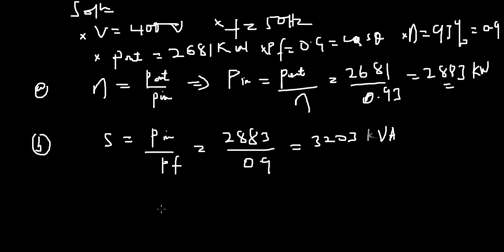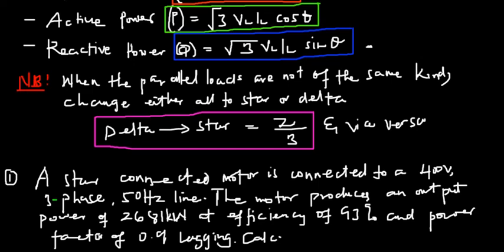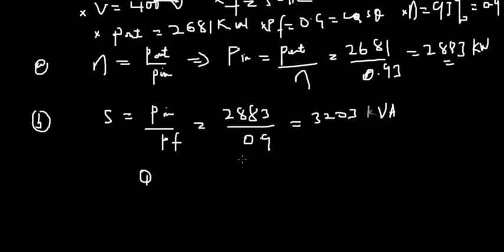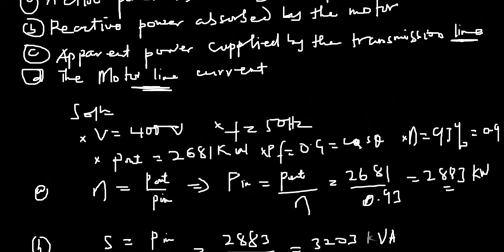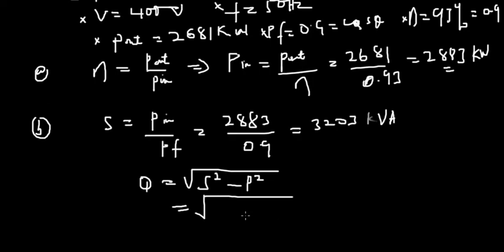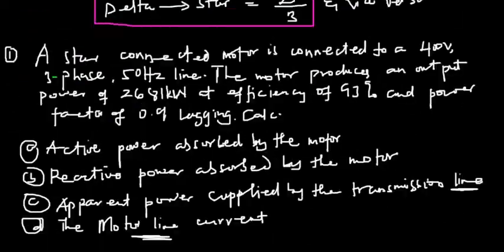We know that Q, our reactive power, is equal to the square root of S squared minus P squared. You just insert your values and calculate.